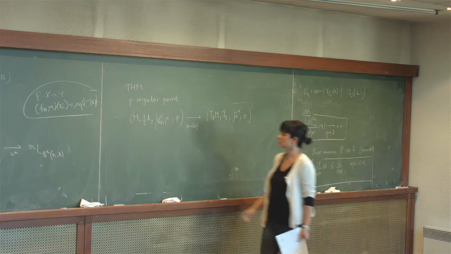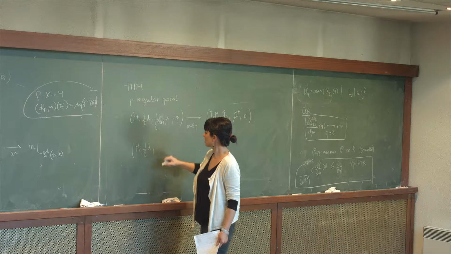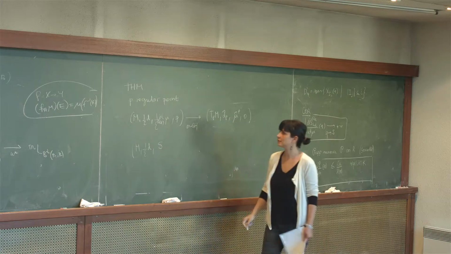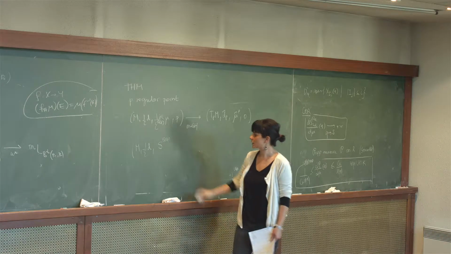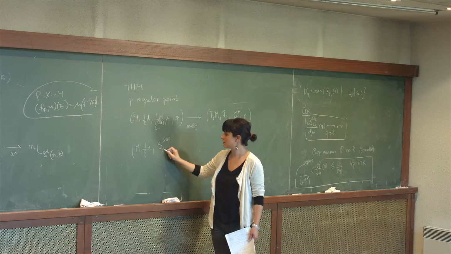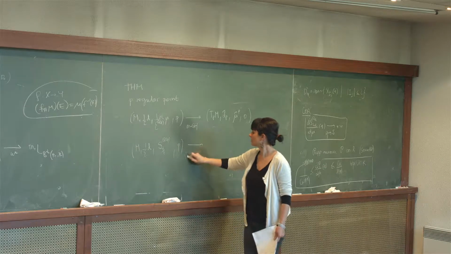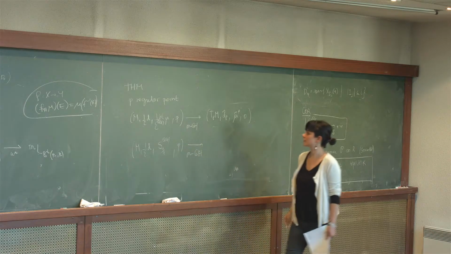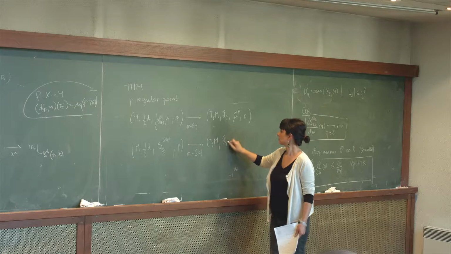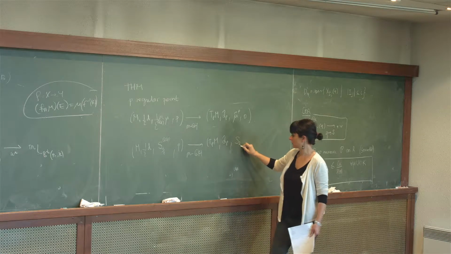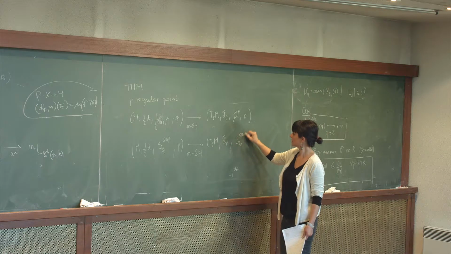And also, we have the analog for Hausdorff volumes. So the spherical Hausdorff measure of dimension q of p associated with the distance d over epsilon converges in the Gromov-Hausdorff sense to what we expect, the spherical Hausdorff measure with respect to this distance, q of p.